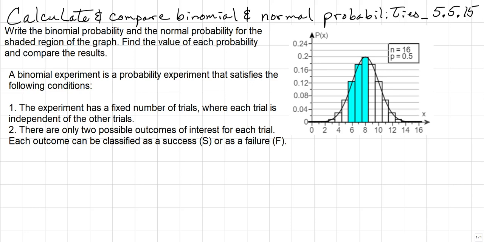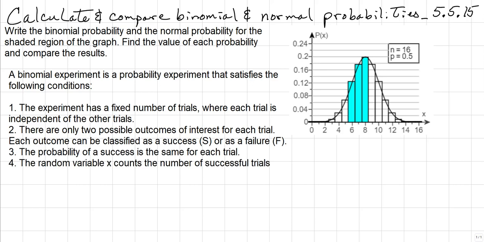Each outcome can be classified as a success or as a failure, which we're going to use P to represent our success and Q to represent our failures. Three, the probability of a success is the same for each trial. And four, the random variable x counts the number of successful trials.